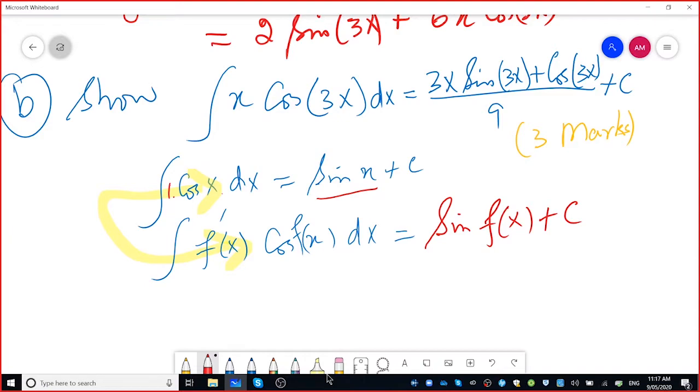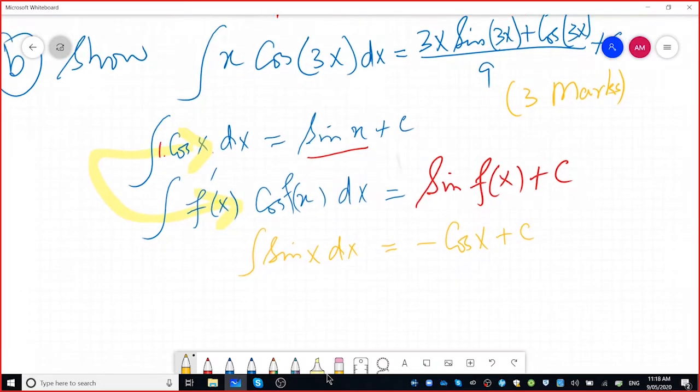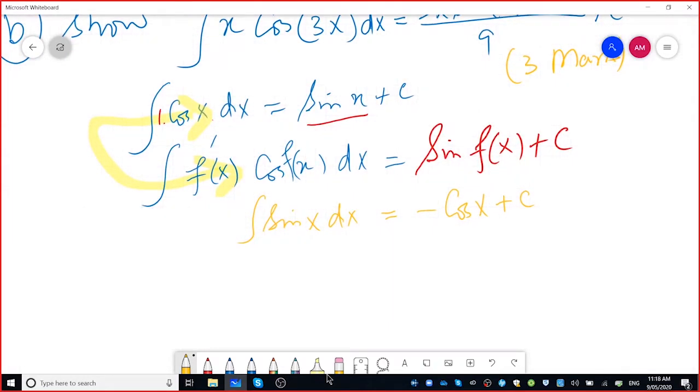Now let me write in yellow maybe. Do you know what is the integration of sine x? It would be negative cos x. And don't forget to write plus c. Now I would again ask you something similar.